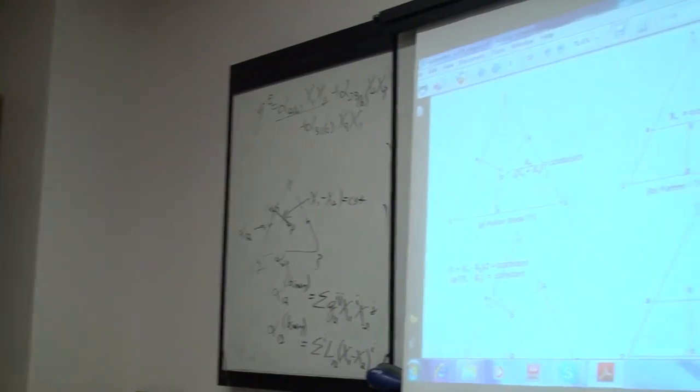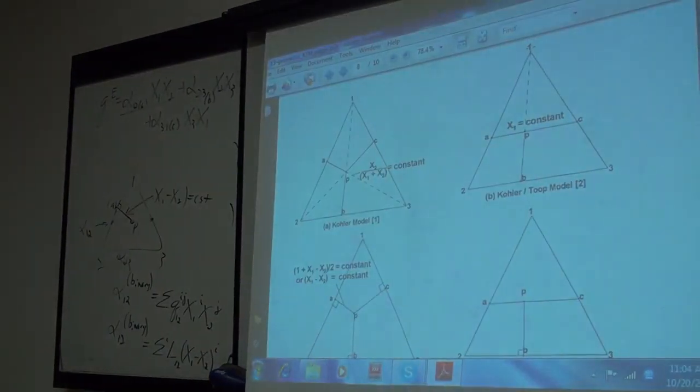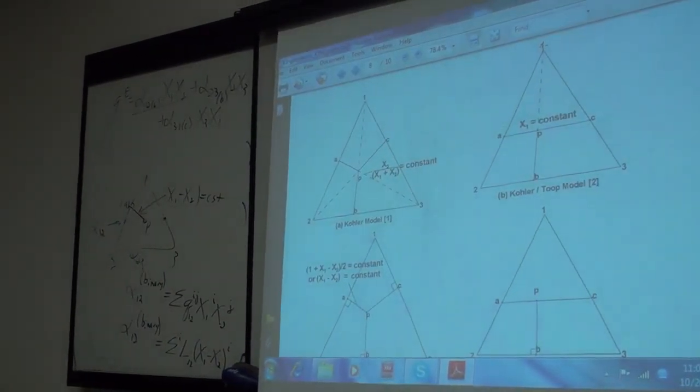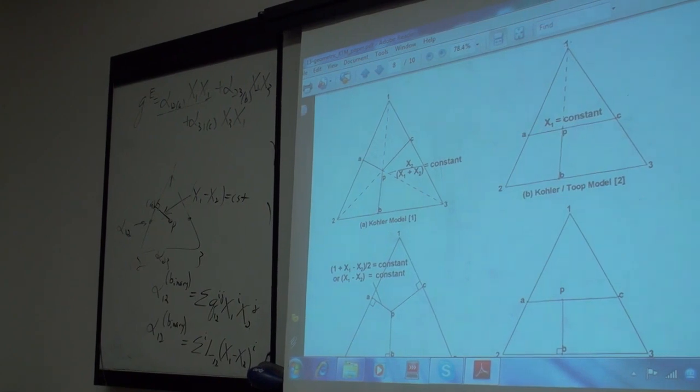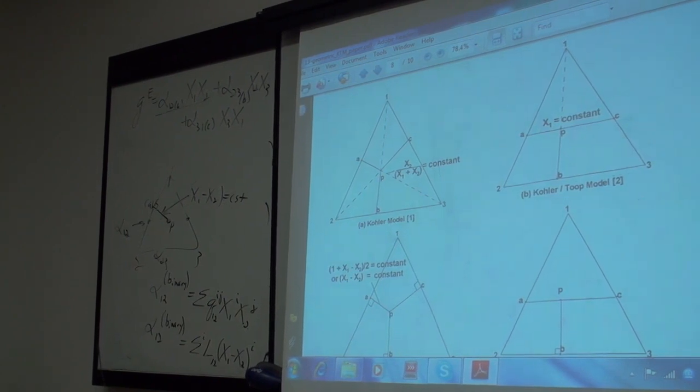Okay, so which model do you use? Well, as I said, if there's a big asymmetry, if one is different chemically from 2 and 3, I would certainly start with the Kohler 2 model and see what's happening. And you can try different ones. But sometimes, even if there is a difference, we do have ternary data and we find that a symmetric model might work better. So you can try them out.